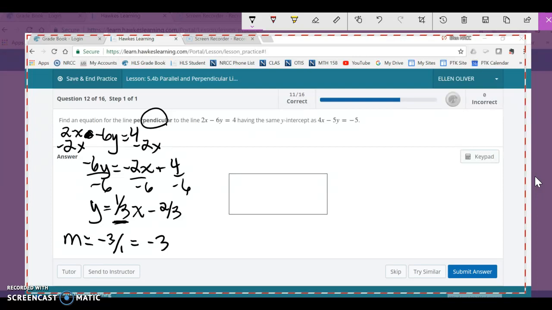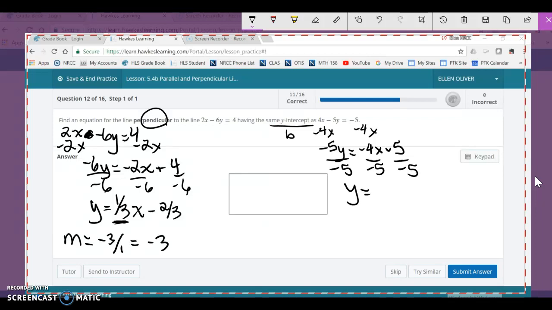All right, so this guy, the y-intercept here is my b. So I need to solve this for y equals mx plus b. So take away 4x from both sides. And divide by negative 5. That becomes a plus 1. So that's the b I want.